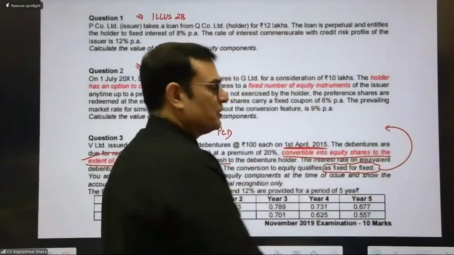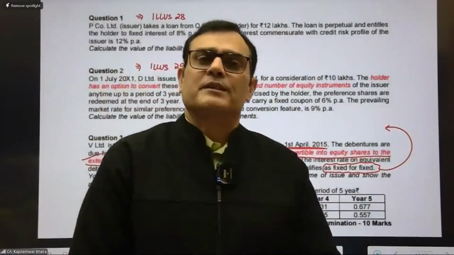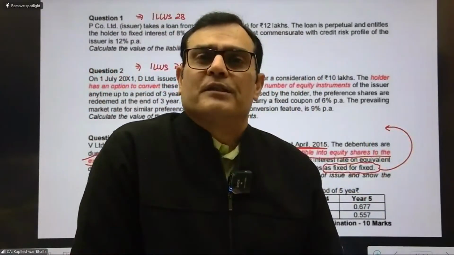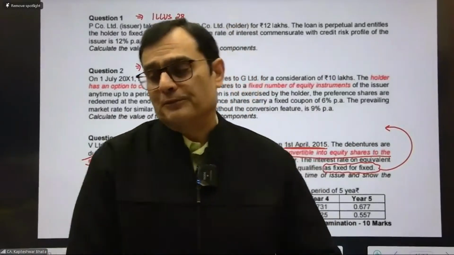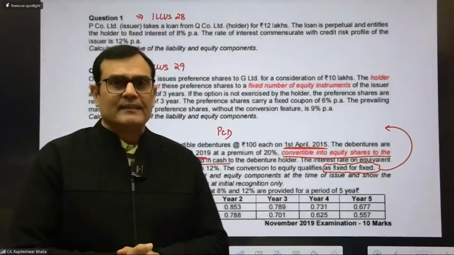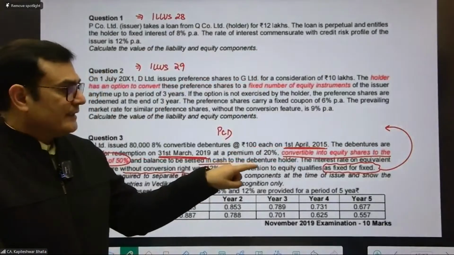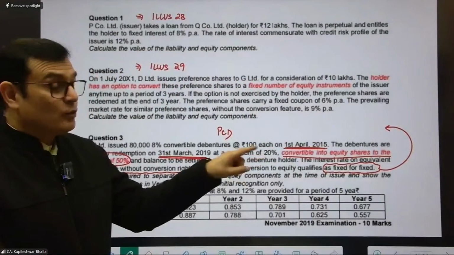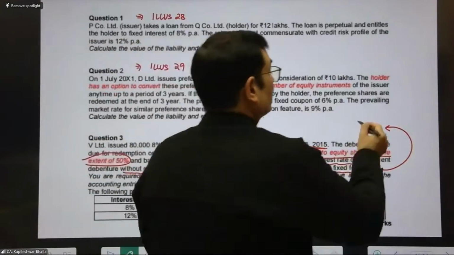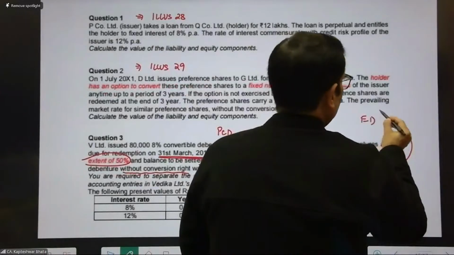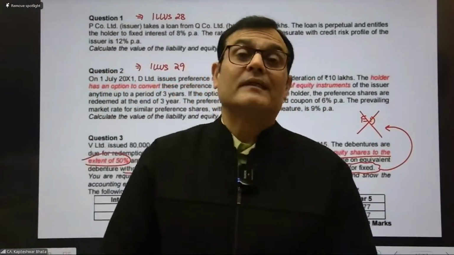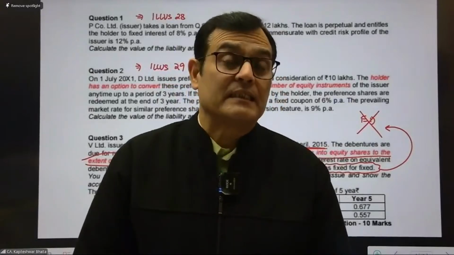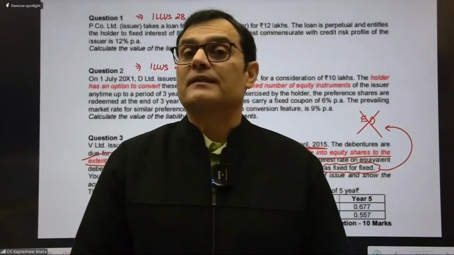Let me ask you the question: are you going to segregate the derivative element in this instrument or not? No, sir. Not segregated. And that's absolutely correct. When it says it qualifies the fixed for fixed test, that means the embedded derivative is not to be segregated, because as we already said, when your derivative meets the fixed for fixed test, the derivative element is not segregated.